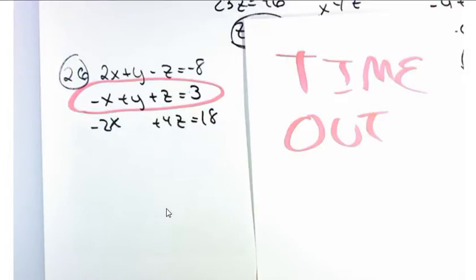Which rows am I using? The first and second. But you need to multiply the second one by negative 1 first. So you're using the first two, right?